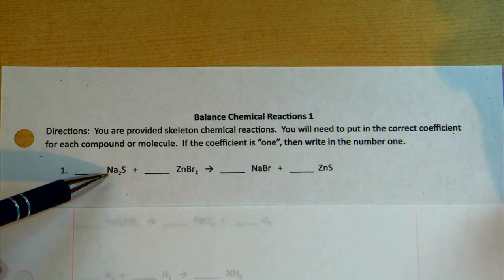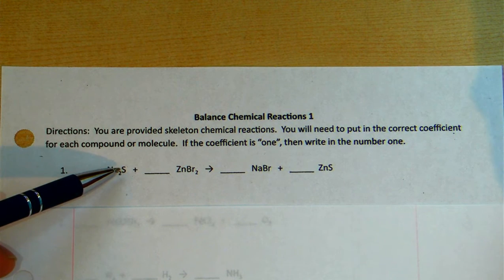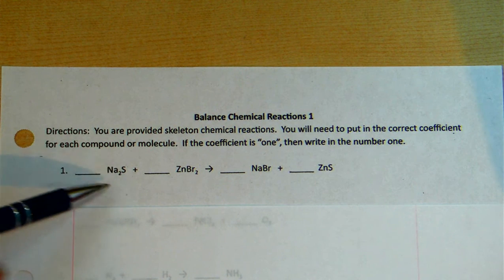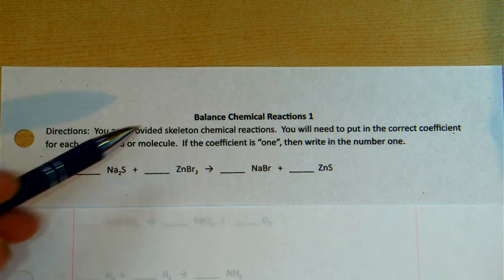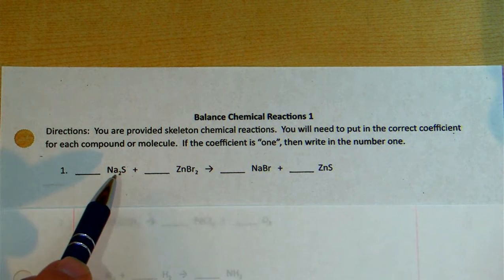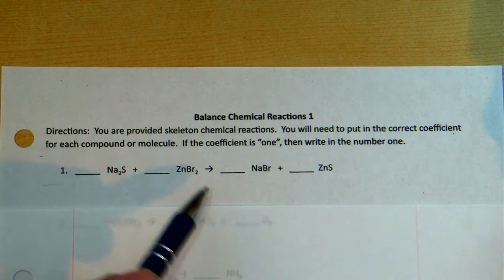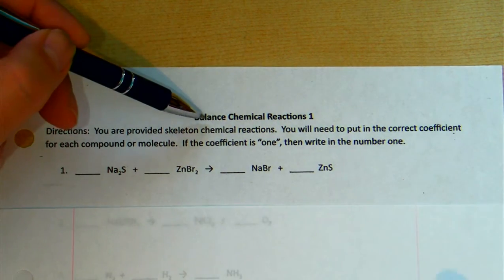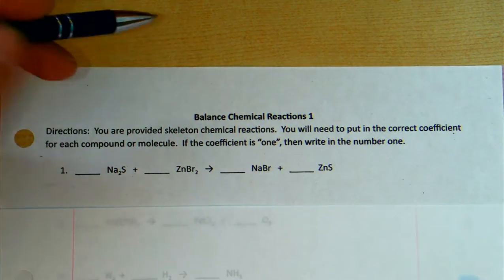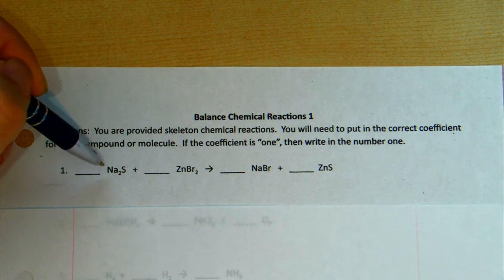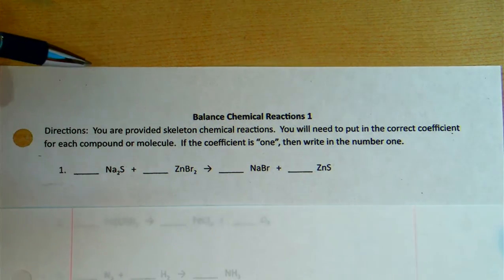So if sodium has a +1 charge and sulfur always has a 2- charge, you have 2 sodiums for every sulfur to make it a neutral molecule. Skeleton means you've correctly written each reactant and each product correctly. So that's a skeleton chemical reaction. Now, a balanced chemical reaction can only be done after the skeleton is correctly done.